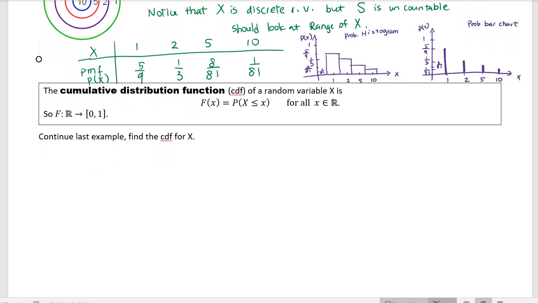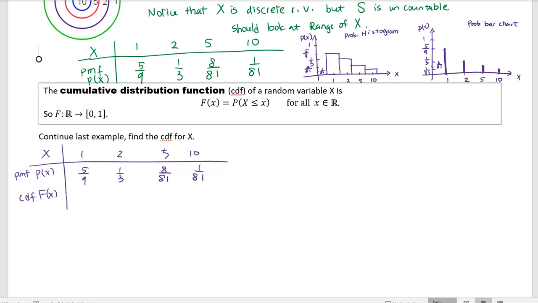Okay, so we can continue with the table. In our table, we have x, we have the PMF, P of x. Now we have the CDF, capital F of x. We use it to denote the CDF. Okay, 1, 2, 5, 10. So this is 5 over 9. This is 1/3. This is 8 over 81. This is 1 over 81.